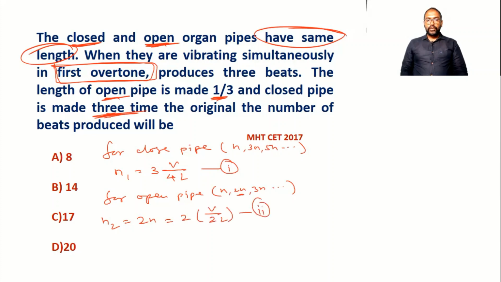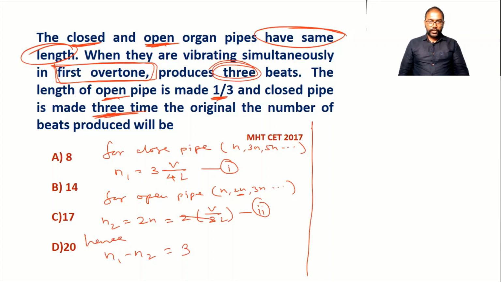And when these two resonate, means when they vibrate, we get how many beats? 3 beats. You can see here 3 beats. It means that the difference of these two frequencies is 3. Now here 2 gets cancelled, and 3 by 4, means equation 1 minus 2. Hence n1 minus n2 is 3. Now n1 we have, n2 we have, that we have to substitute.